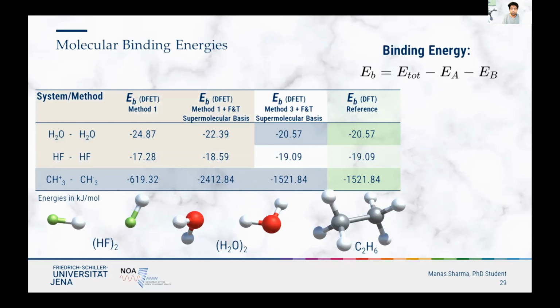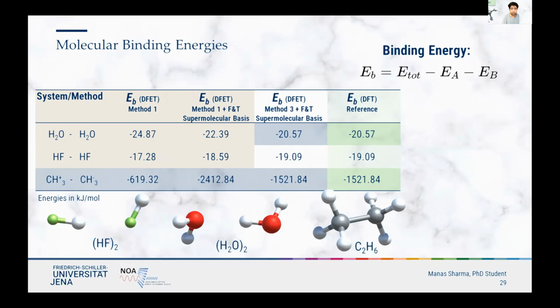So if we look at the weakly interacting systems, that is H2O dimer or HF dimer, then you see that method 1 gives reasonable accuracy if you compare to the green column of the reference DFT binding energies. And then if you also employ freeze and thaw and maybe a supermolecular basis, then you reduce the error, but still not exactly.